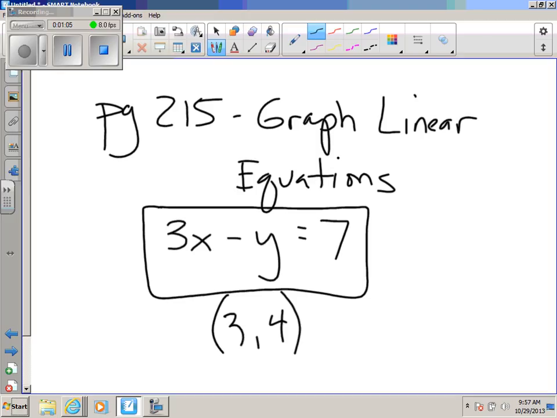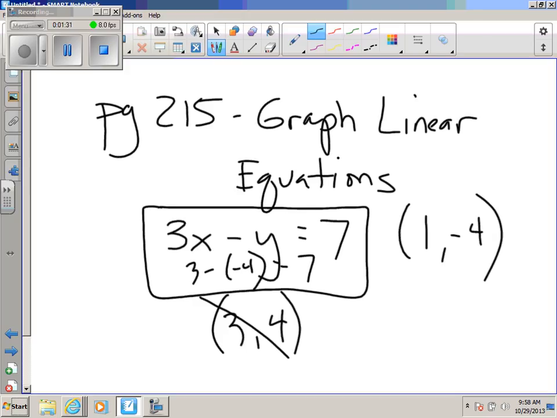Plug in 3 for x. 3 times 3 is 9. 9 minus 4 is 5. So 3, 4 does not work. 1, negative 4, let's test that one. 3 times 1 is 3, minus a negative 4 would be adding the 4. Does that equal 7? Yes, it does. Therefore, 1, negative 4 would work as a possible solution. Okay?